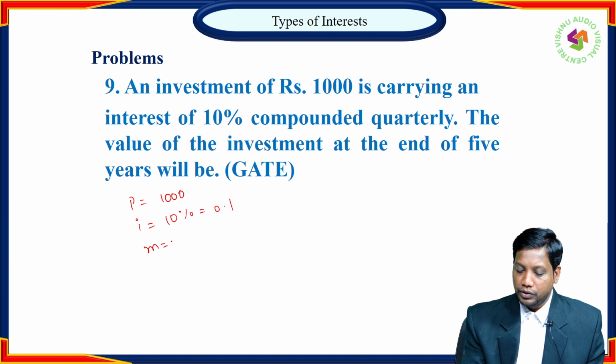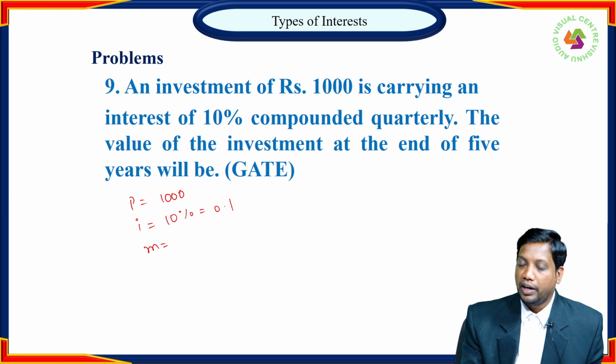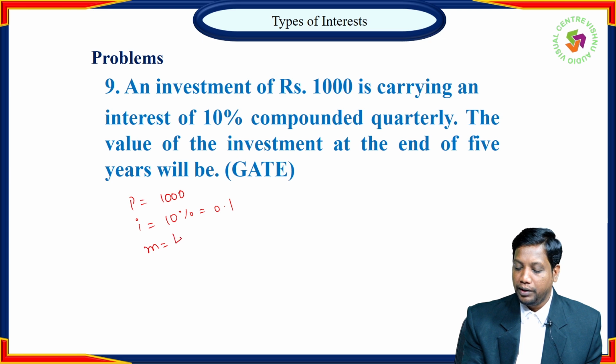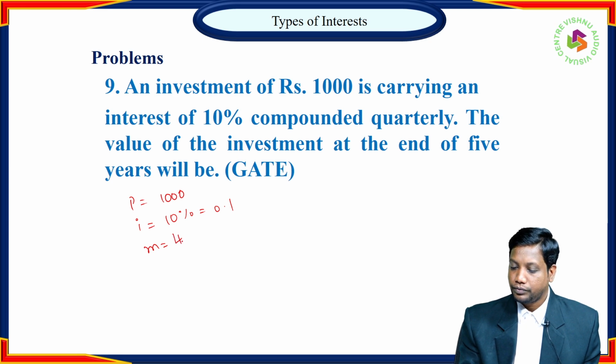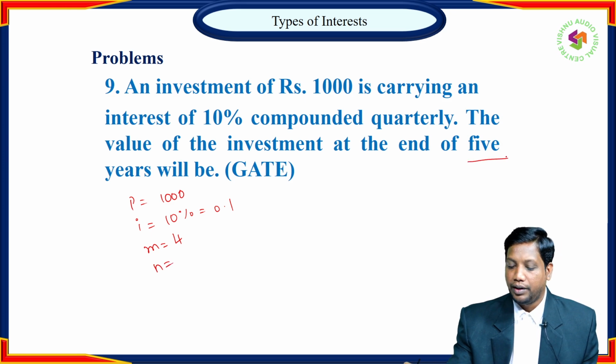Compounded quarterly. Per year we have 4 quarters, so m equals 4. For 5 years, n equals 5.